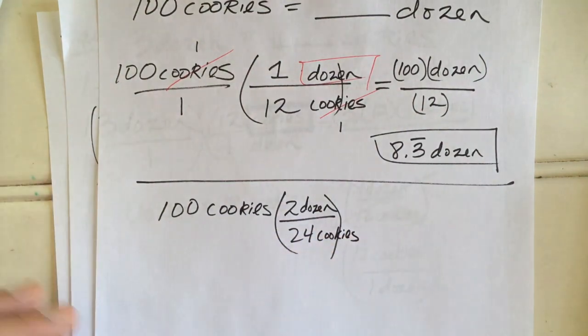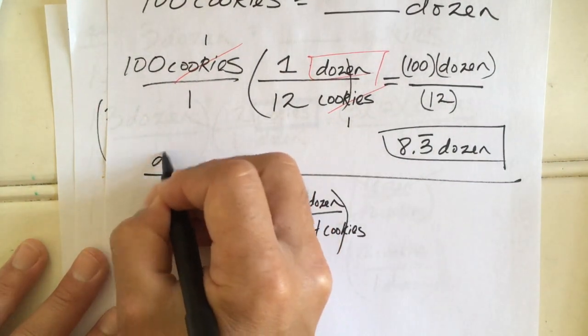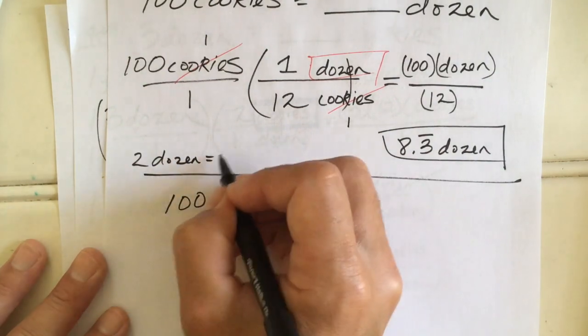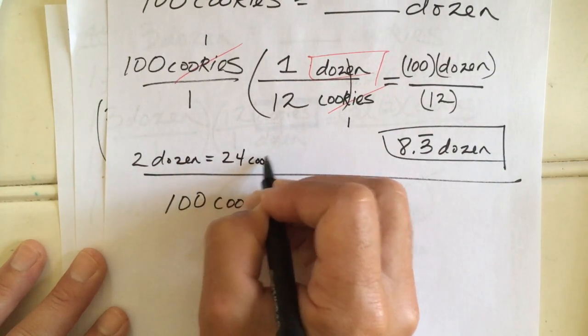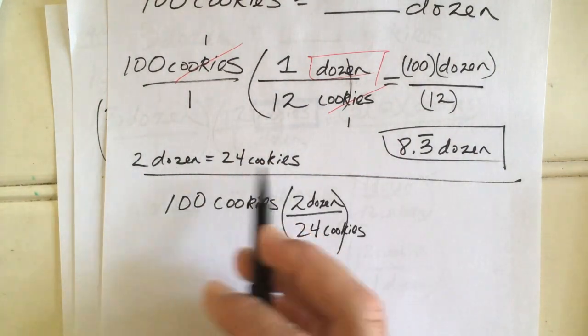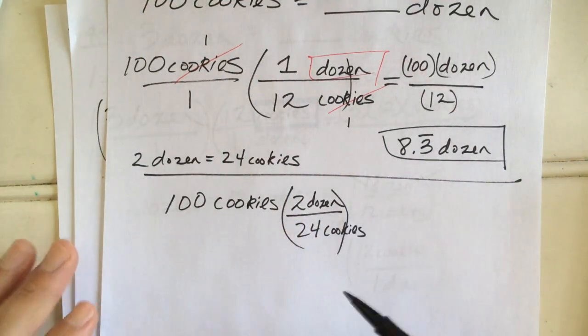And what I'm saying is, if your equality is the fact that 2 dozen is equal to 24 cookies, that's fine, right? That doesn't change anything because this is still equal to 1. When you divide these, it's equal to 1 because this is the same as this. So check it out.